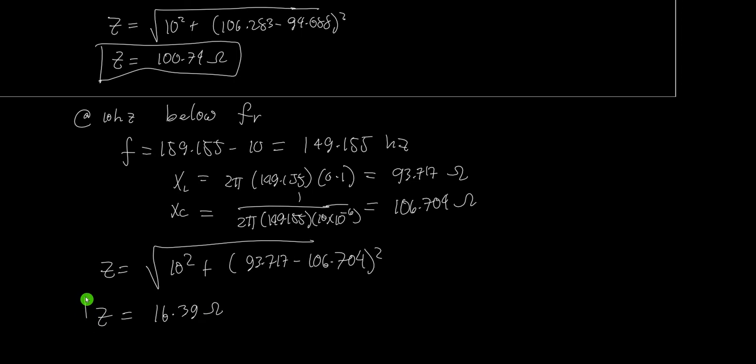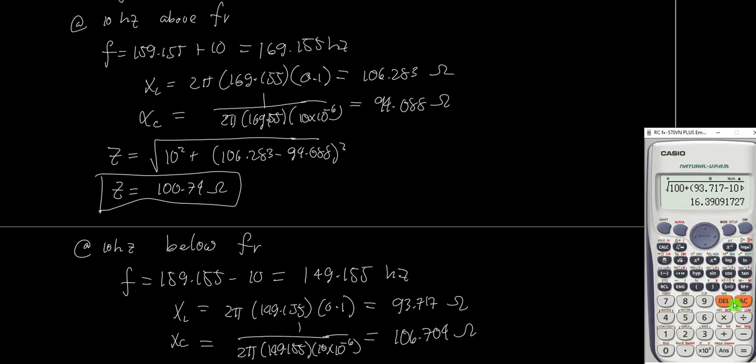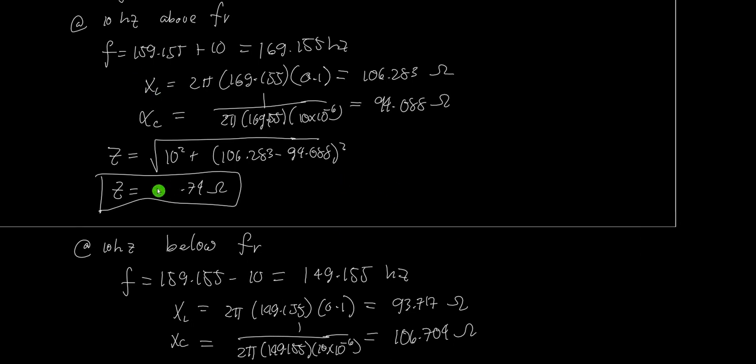I have a correction with the first impedance here. If I do the calculation again, the square root of 10 squared plus 106.283 minus 94.088, squared, this should be equal to 15.77, not 100 something. 15.77 ohms.